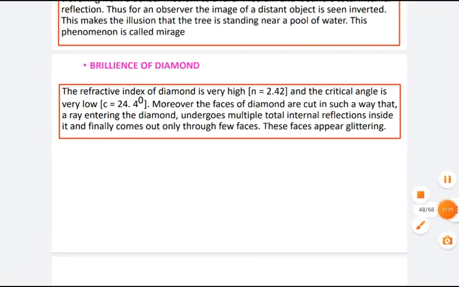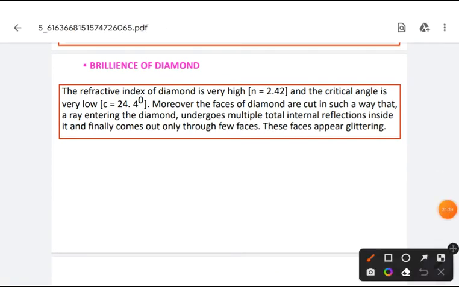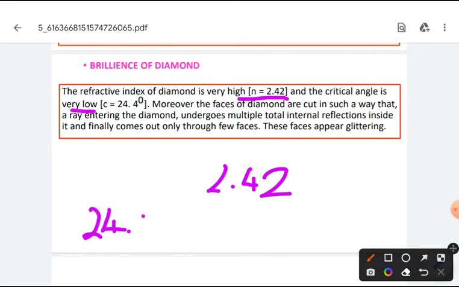Brilliance of diamond. The refractive index of diamond is very high, that is 2.42, and the critical angle is very low, 24.4 degrees. Moreover, the faces of diamond are cut in such a way that the ray entering the diamond undergoes multiple internal reflection inside it and finally comes out through a few faces.